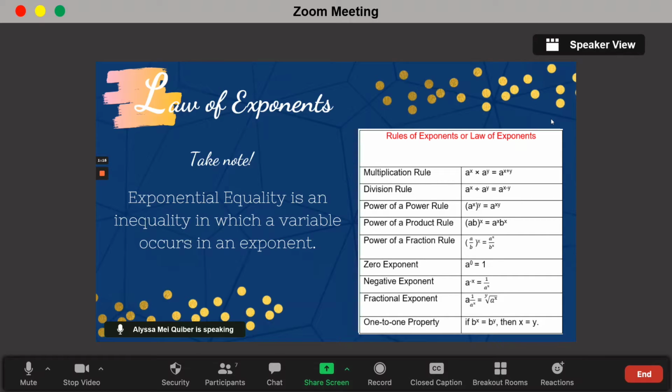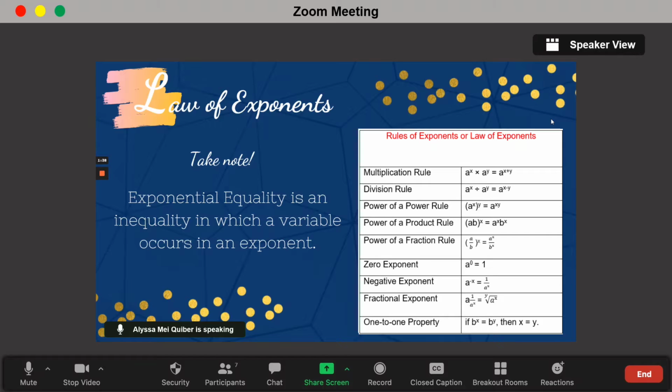For the power of a fraction rule, it is used when we want to simplify a fraction that is raised to a power, wherein the exponent gets distributed to both the numerator and the denominator. The zero rule states that any non-zero number raised to the power of 0 equals 1.